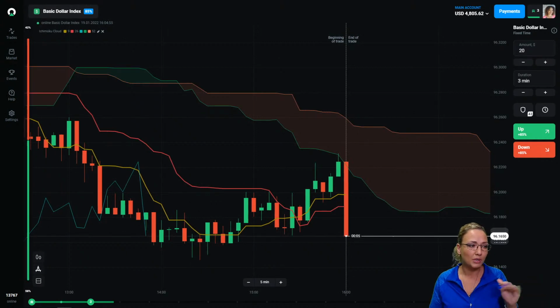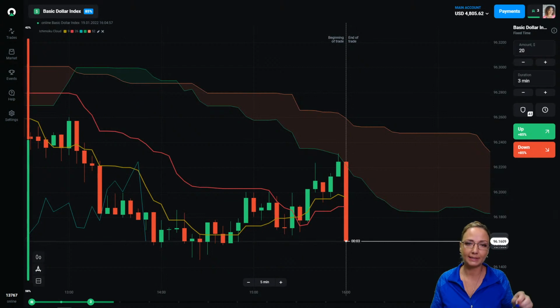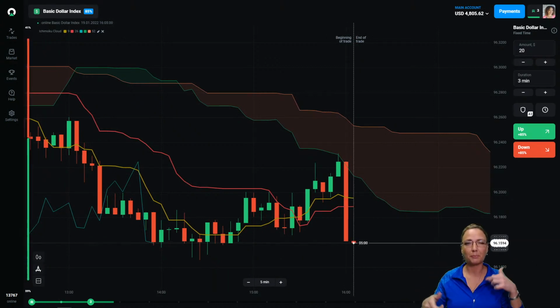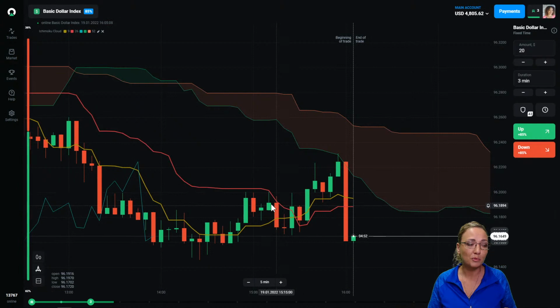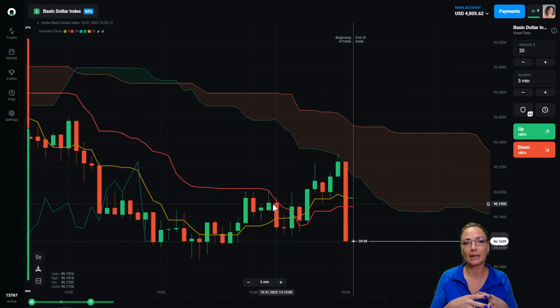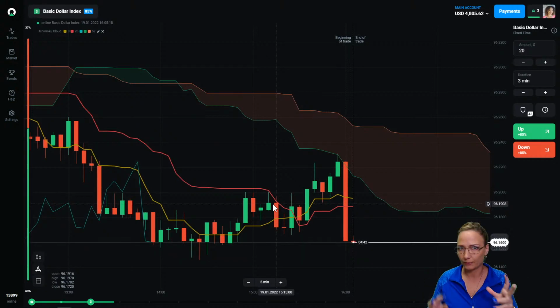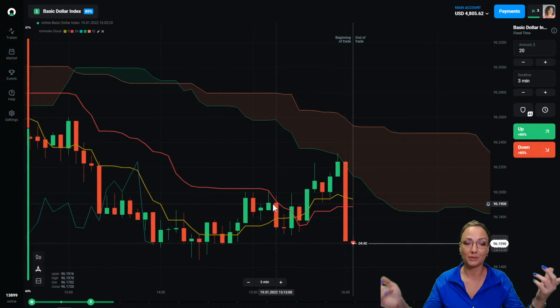The yellow Tenkan-sen line is based on the last 9 candles, so the period is 9. This is the faster line, like the faster moving average. The Kijun-sen line is red, and it is based on the last 26 candles or 26 periods, and therefore it's the slower of the two moving averages.